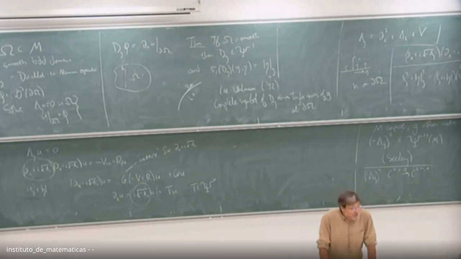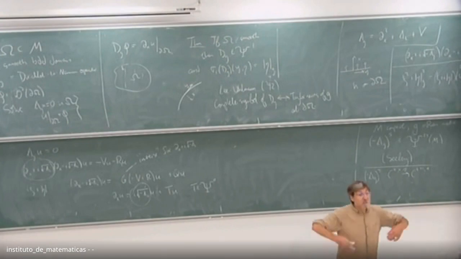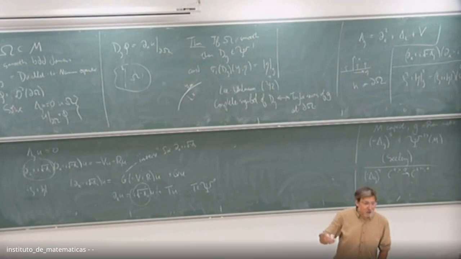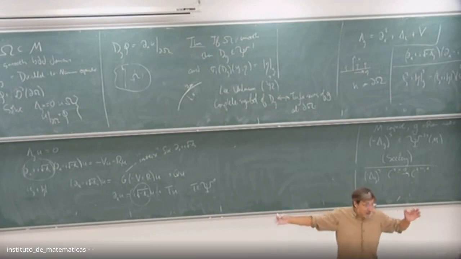So the complete symbol, like the Taylor series of the symbol, if you like, is determined by the Taylor series of the metric. The complete operator is the complete symbol plus some smoothing term. So that's actually what's very important. The Dirichlet-Neumann operator has this purely symbolic part, all the symbols of order 1, 0, -1, and so on. Those are local at the boundary, plus some global smoothing term.